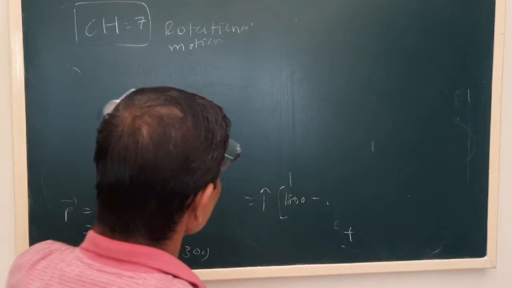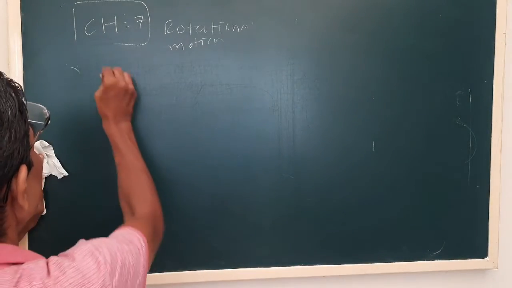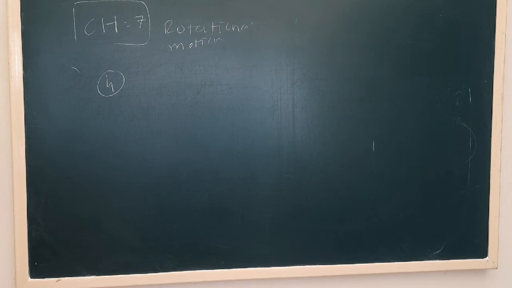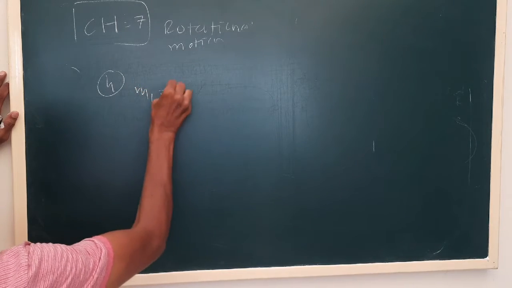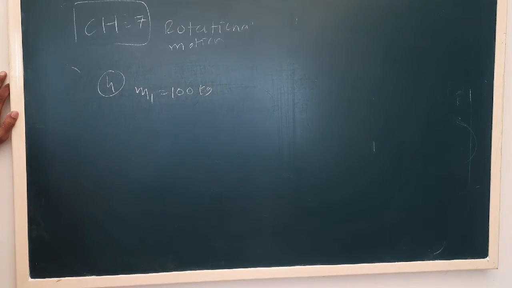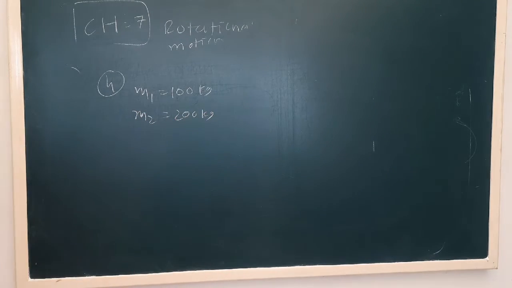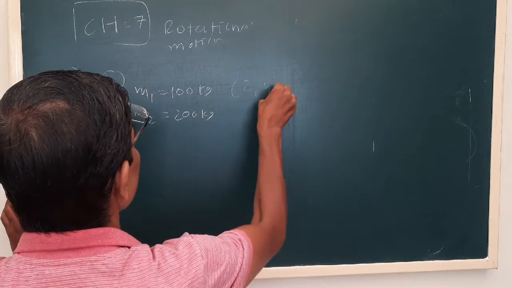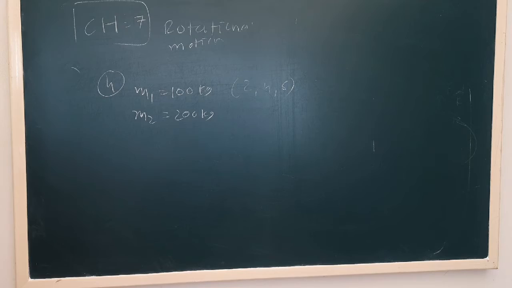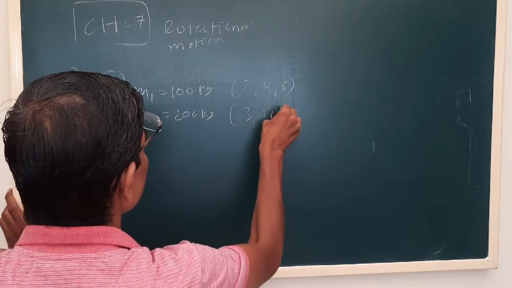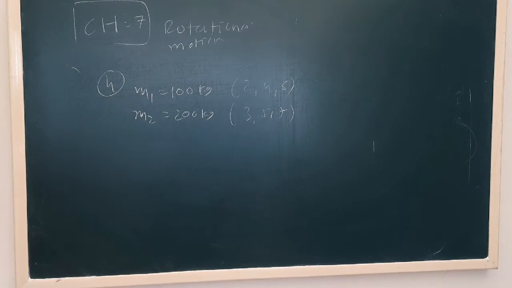Now next, we have to see two particles of mass 100 kg and 200 kg. Their position vectors are 2, 4, 6 and 3, 5, 7. We have to calculate the moment of inertia about the z axis.